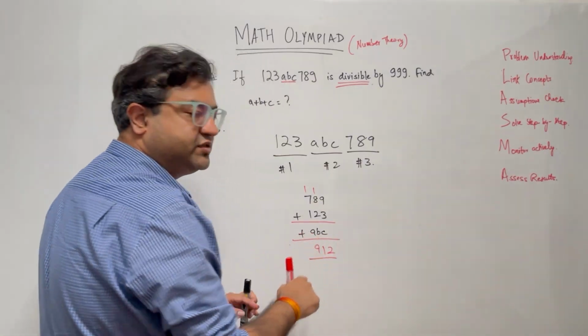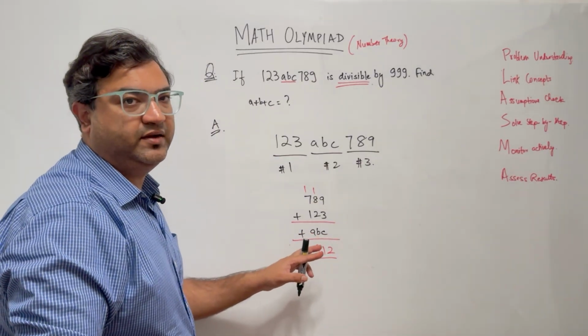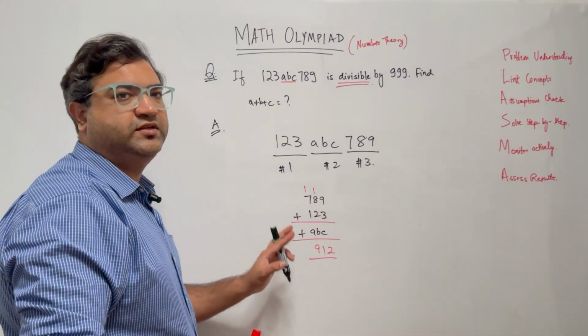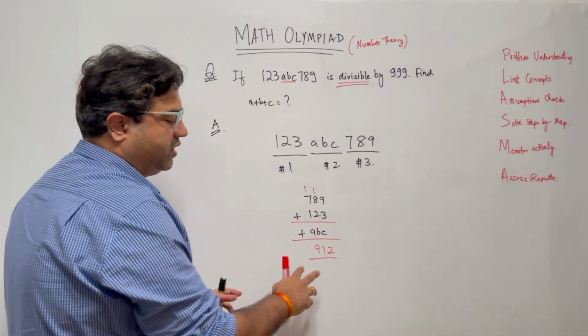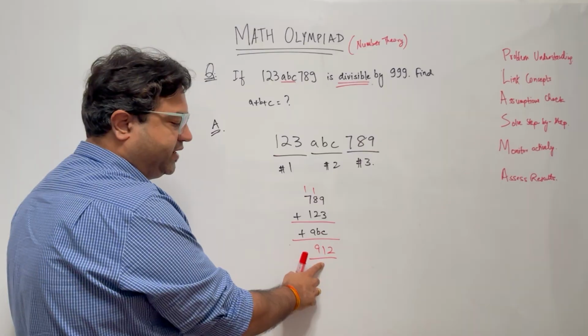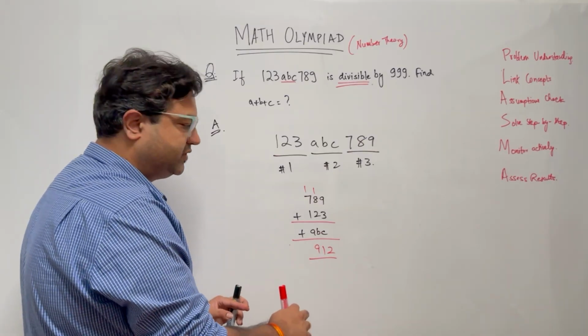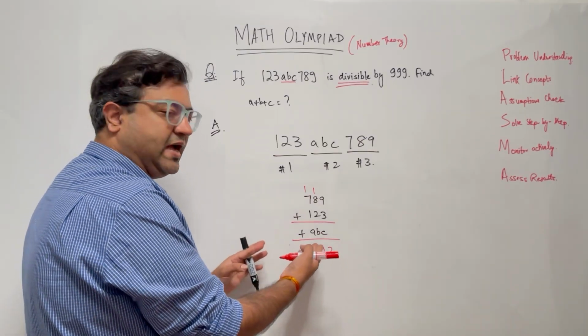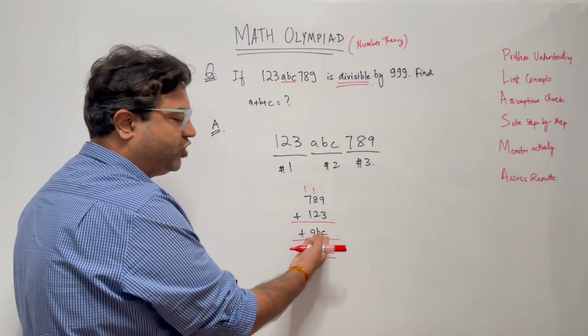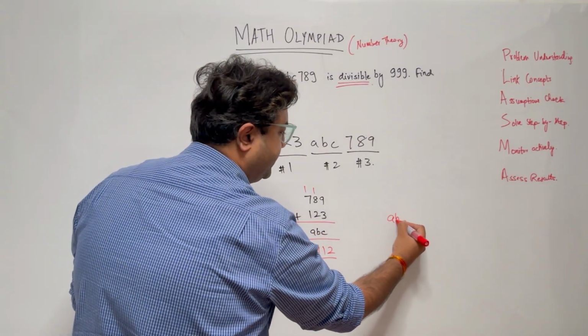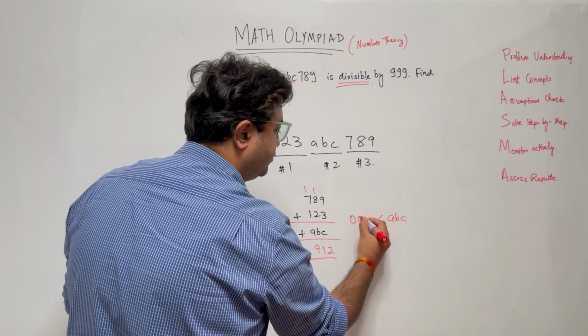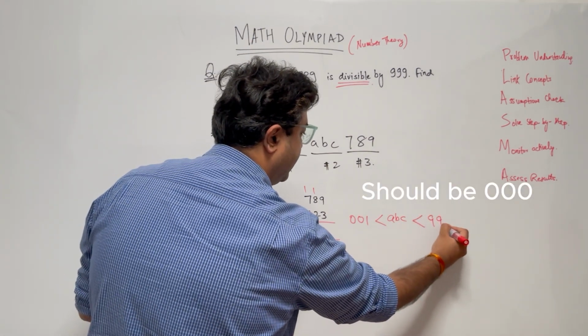So the maximum value that ABC can take is 999 and the minimum value it can take is 001. But which number will be divisible by 999 here? When it is actually 999, right? This cannot be lower than that, so ABC will be between 001 and 999.